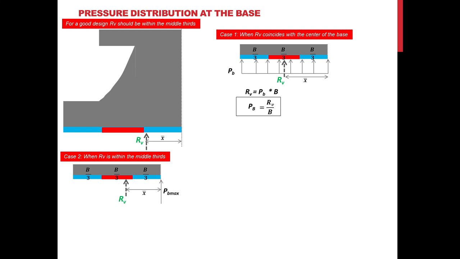So in here, the edge where RV is nearer, we have a larger value for the base pressure. That is why it's called PB maximum. On the other hand, the edge with farther distance to RV, we have the base pressure minimum. So when we project that, we'll have a trapezoidal pressure that will be developed at the base of the dam.